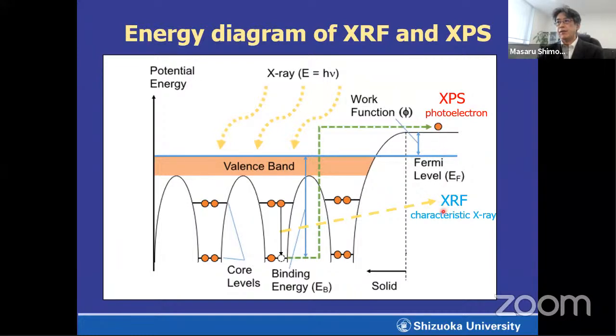In XRF, an electron decays to the core hole, and because of this energy difference, we can observe the characteristic X-ray. So this is the basic scheme of XRF and XPS.